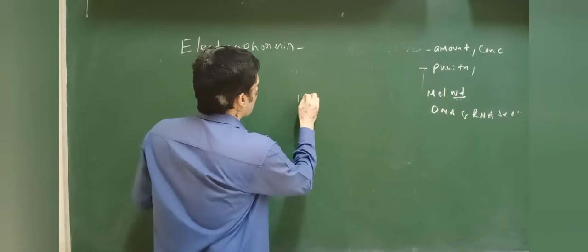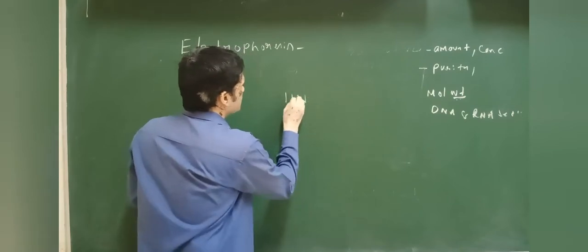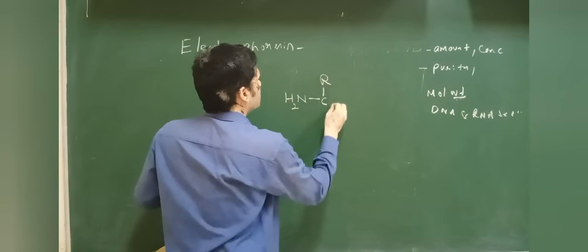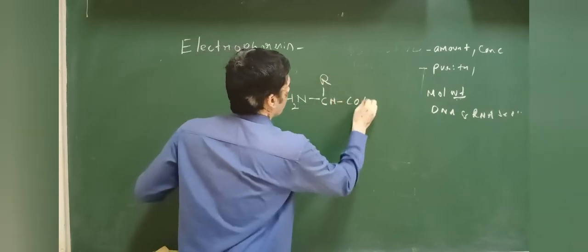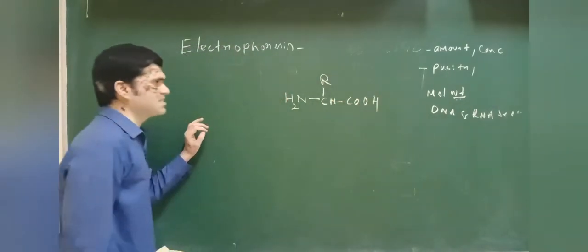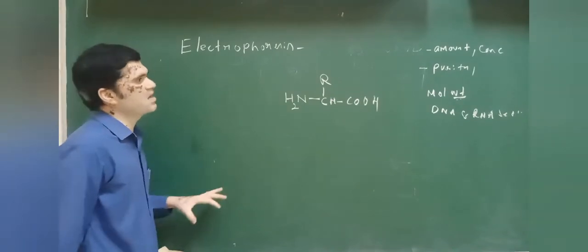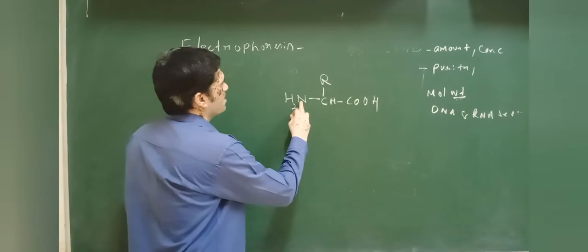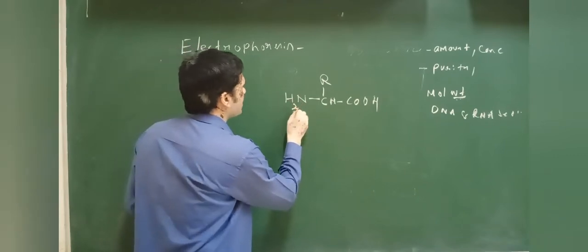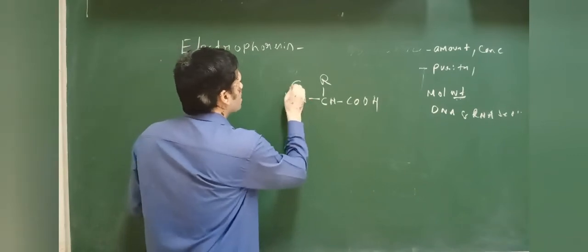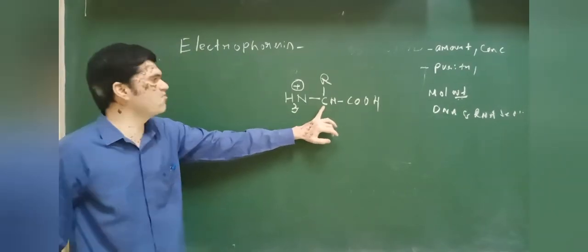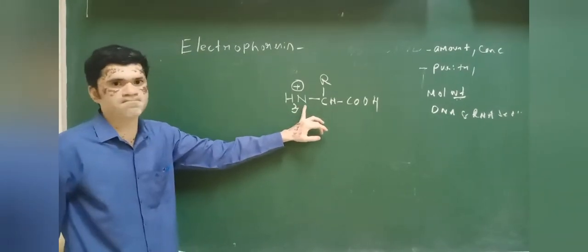The general formula of amino acid is NH2CHRCOOH. When this amino acid is present in acidic solution, then NH2 will exist as NH3+, and therefore this amino acid in acidic solution will acquire positive charge.